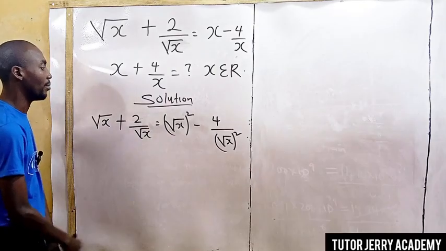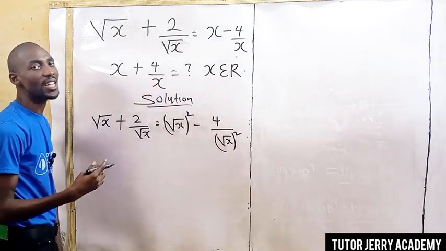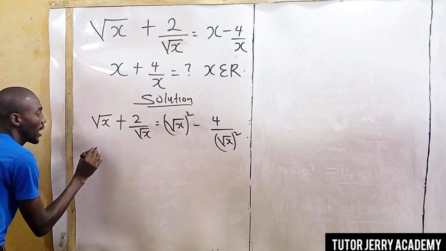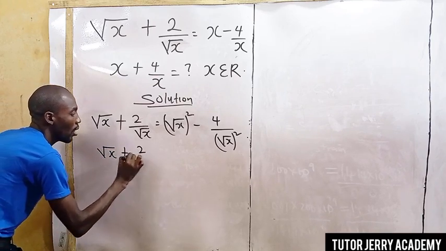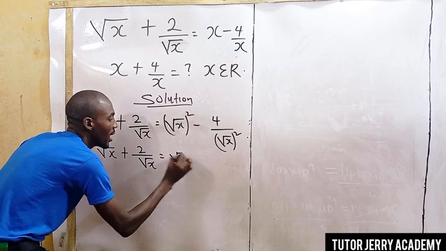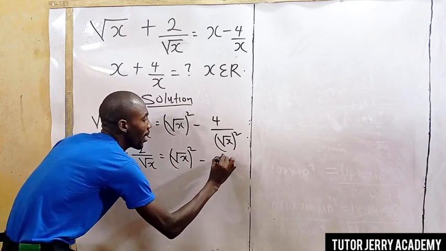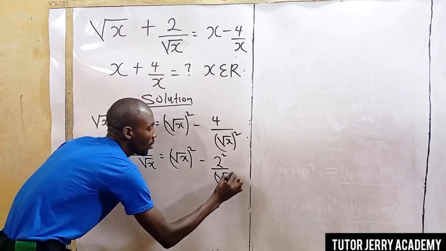All right. Now, the next thing is this 4 that is here, I can also rewrite it as what? 2 to the power of 2. All right. So now I can say root s plus 2 all over root s is equal to root s all squared minus 2 to the power of 2 all over root s all squared.